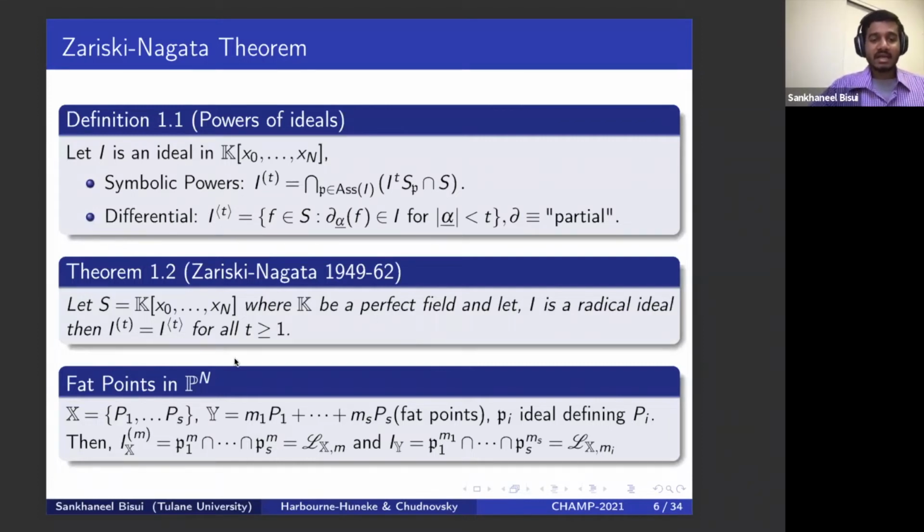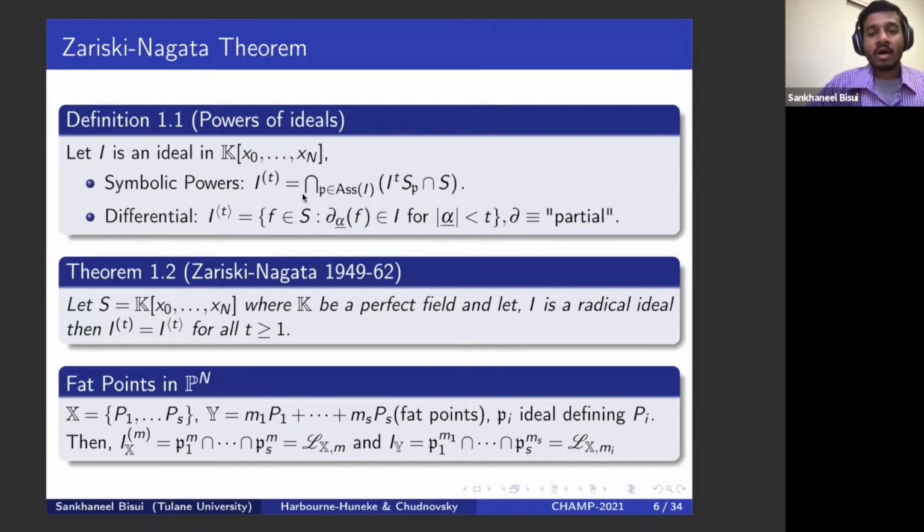Now for fat points in Pn, the Zariski-Nagata theorem also tells us something more interesting. It tells us that the m-th symbolic power of the defining ideal of the points X has a really nice form. If we have the points p1 up to ps, and small script p_i is the ideal defining the point p_i, then we take the m-th ordinary power of all those prime ideals and intersect all those ideals corresponding to the points, and we get the symbolic power of the ideal defining the points.